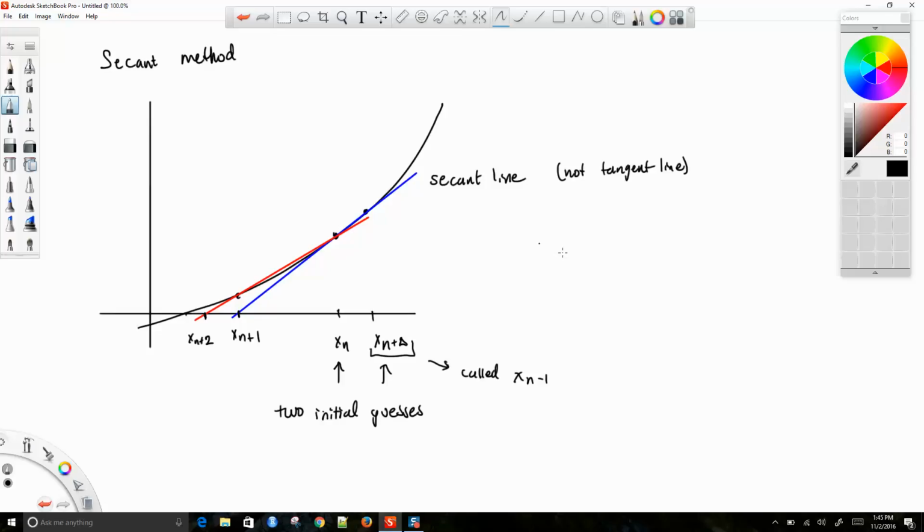All right, and so the algorithm here is that your next guess, x sub n plus 1, and you can kind of show that this also works algebraically, is, how far over do we go?